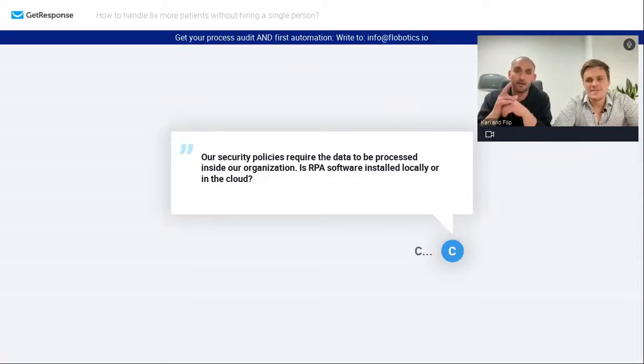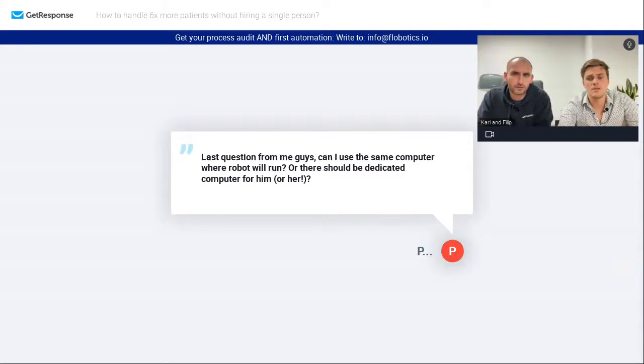And if a company has these types of restrictions, most likely they're going to have the infrastructure to host the robot. And this is true for a company that doesn't have these restrictions, probably maybe doesn't have the infrastructure to host the robots. So they're just going to get Azure or Amazon or a different virtual computer service.